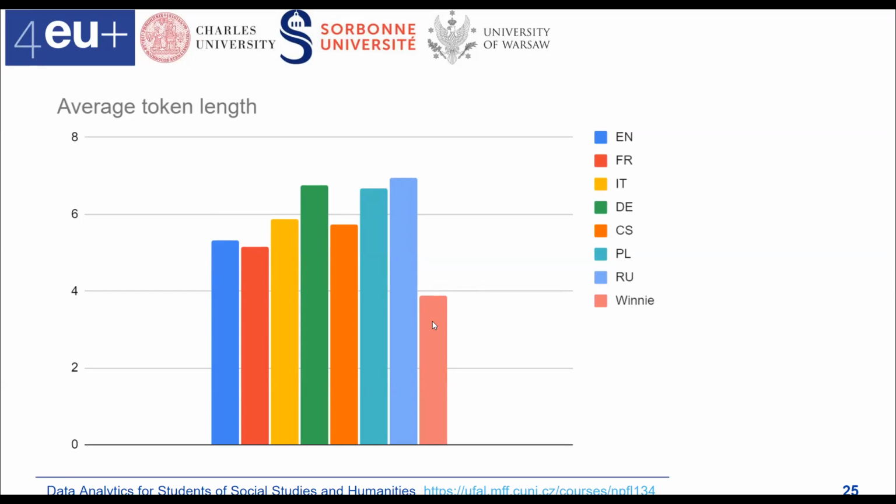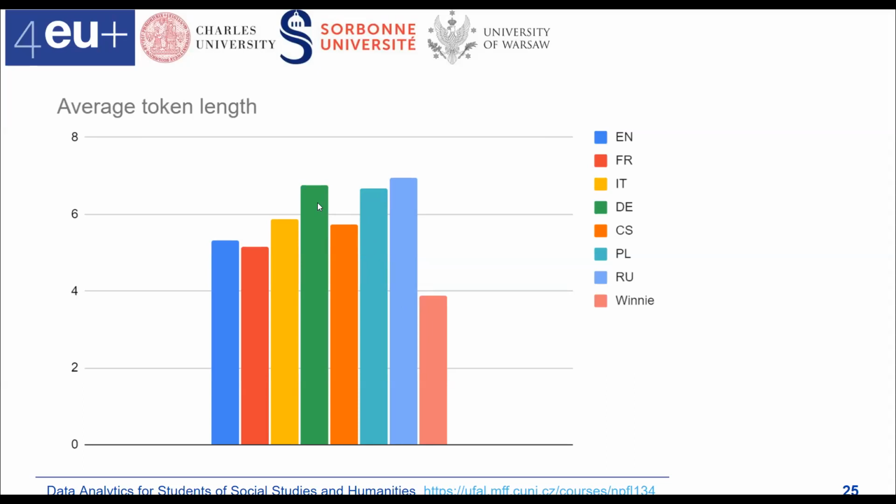So you would see that there are still slight differences, and what strikes me is the difference between the Czech and Polish versions, and the difference between the German and Czech and Italian versions, for example.